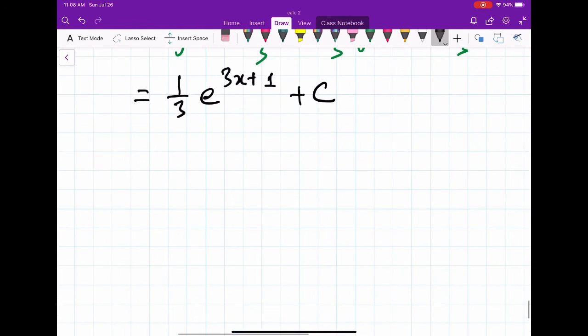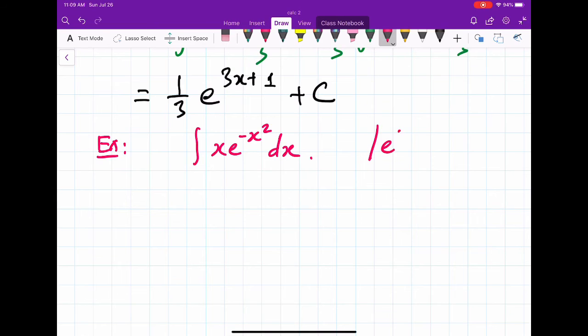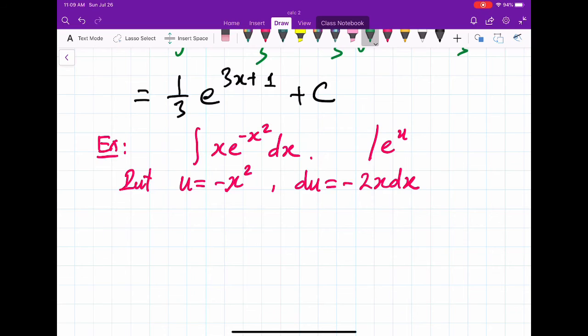All right, let's move to the next example with this one: x e to the negative x squared dx. So if you look at such an integral, you might think about e to the u, right? So you need to put u equal to negative x squared. And from here you get du equal to negative 2x dx. And you look at the original integral, you have x and dx.